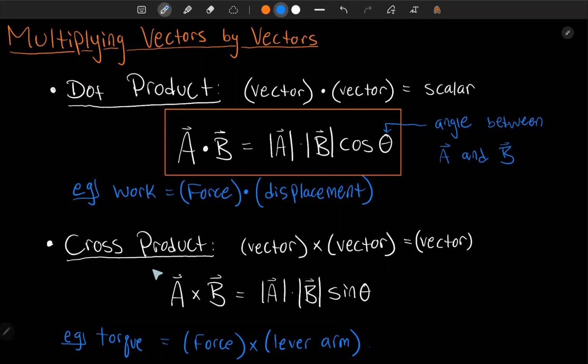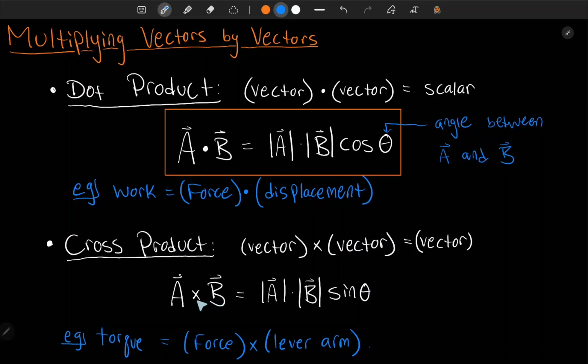Similarly, the second way to multiply vectors by vectors is called the cross product. This is symbolized by this little x or cross notation. And what you say is one vector cross another vector is equal to a third vector.